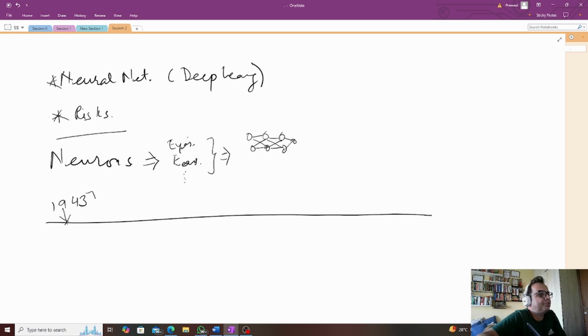1943, which is kind of long back. This is where the concept of neural networks first came into existence. There is a journal called the Bulletin of Mathematical Biology. Again, it's a combination of math and biology.